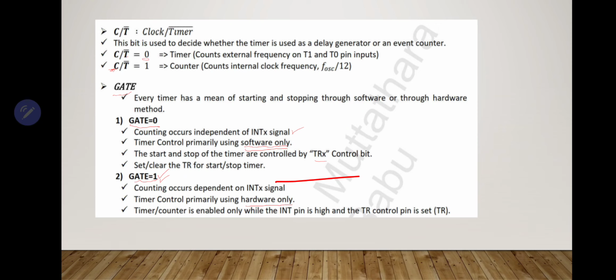Set TR means start the timer and clear TR means stop the timer. So with gate equal to 1, we are using the hardware timer or counter. The timer or counter is enabled only while the interrupt pin is high and the TR control bit is set. So timer control is on only when the INT pin is high and also timer run is set.